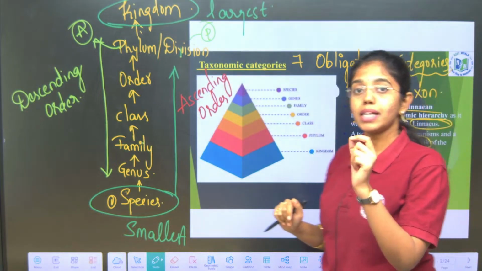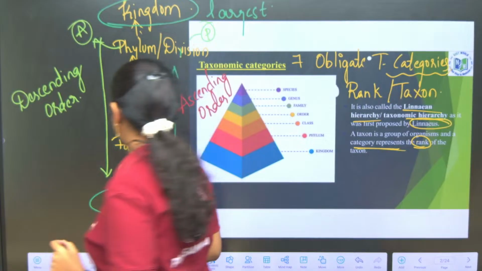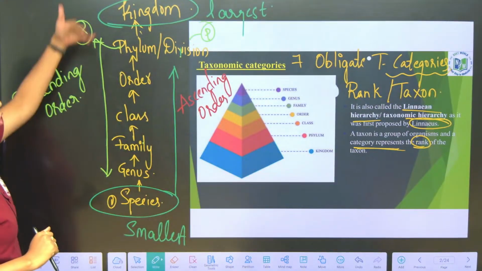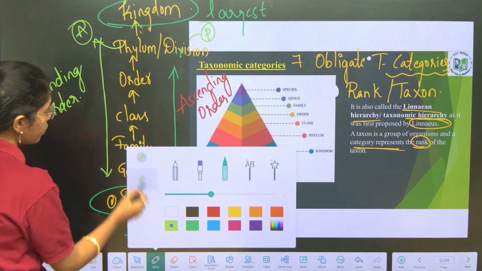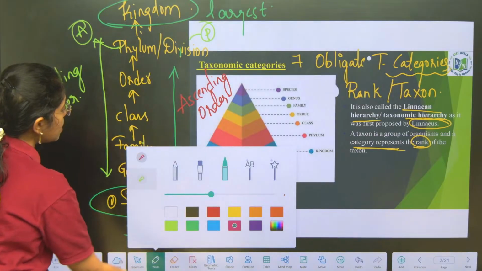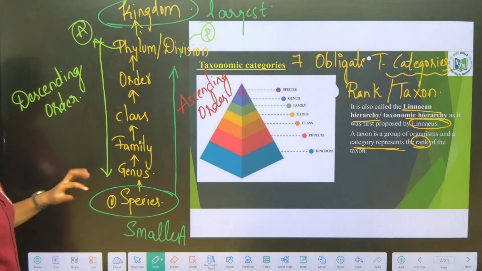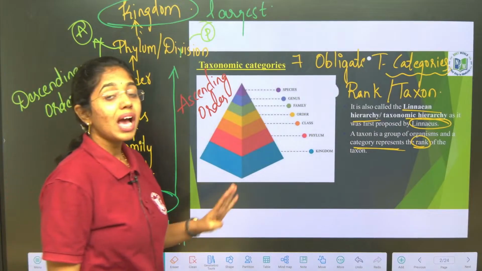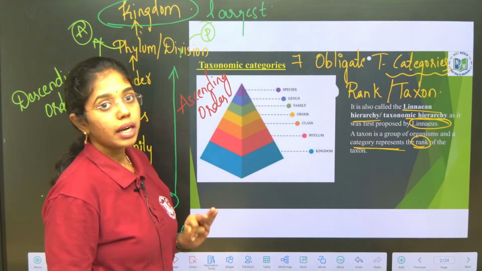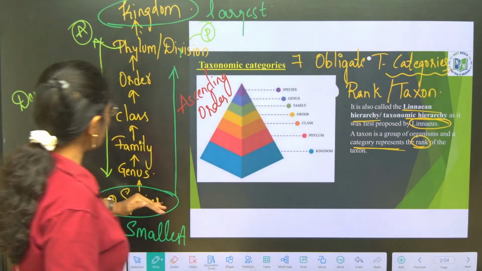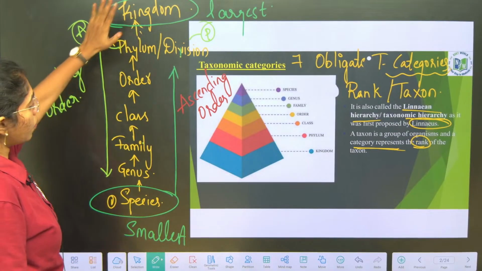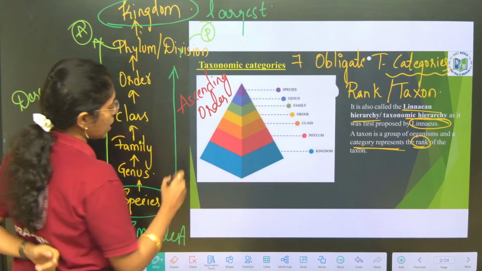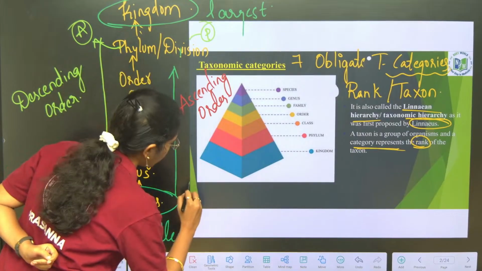One major point that you have to remember is that as you move from species to kingdom, in the ascending order, the similar characteristics between the organisms decrease and the specificity decreases.